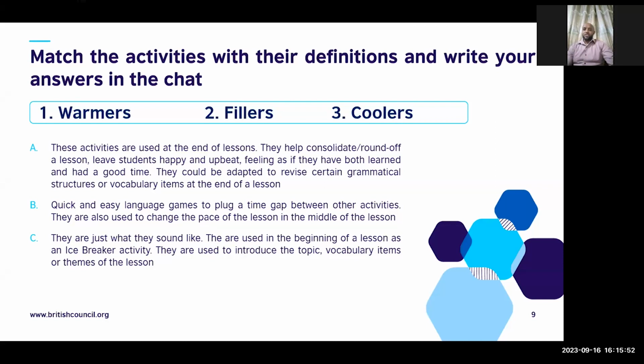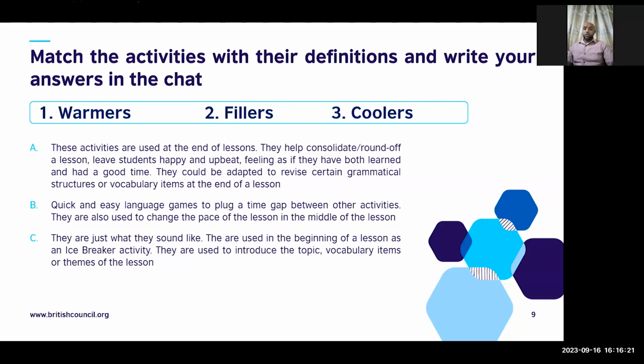They are just the way they sound, warmers. Like when we do physical exercise, we do the warming activity first, that means it comes at the beginning of the sporting activity. Just the same, in our classroom we can use warmers to create an interactive classroom ahead, so they are used at the beginning of a lesson as an icebreaker activity.